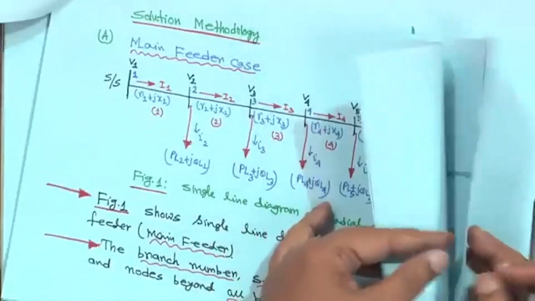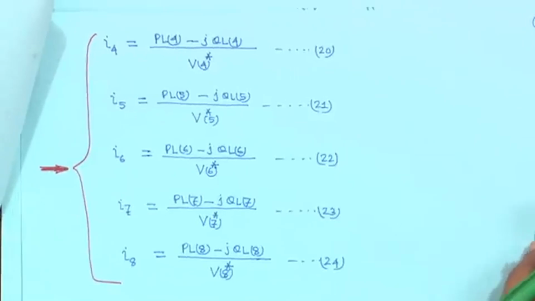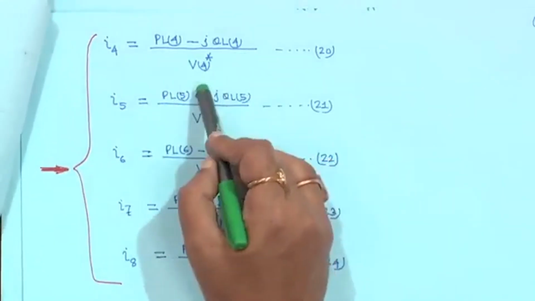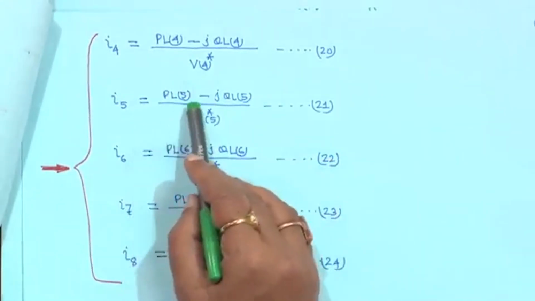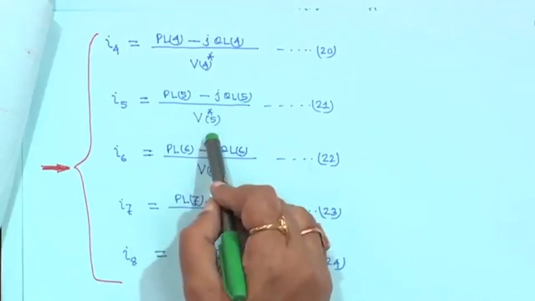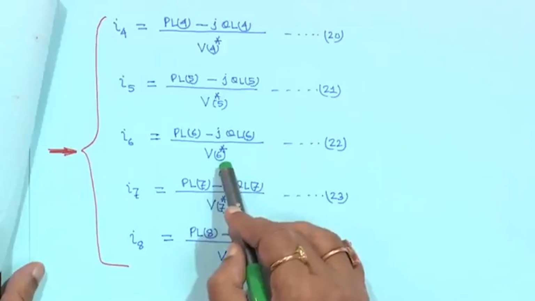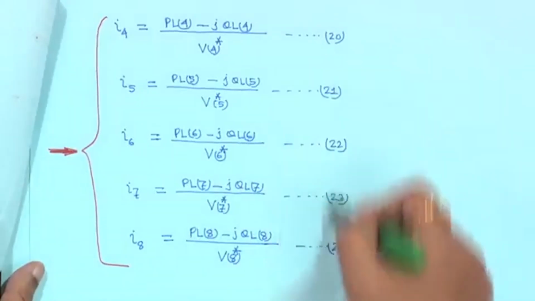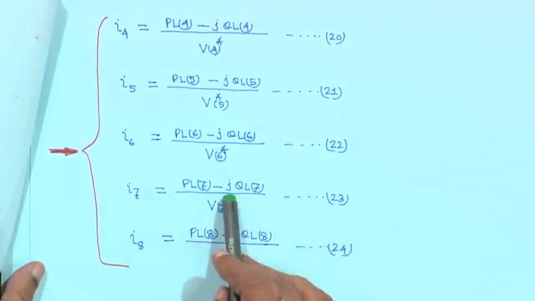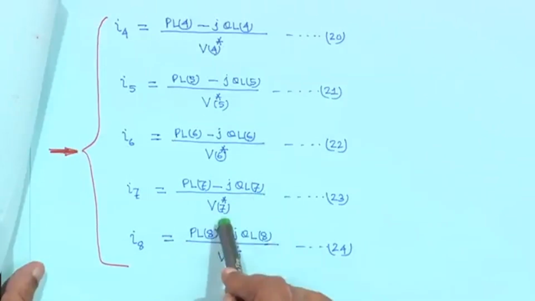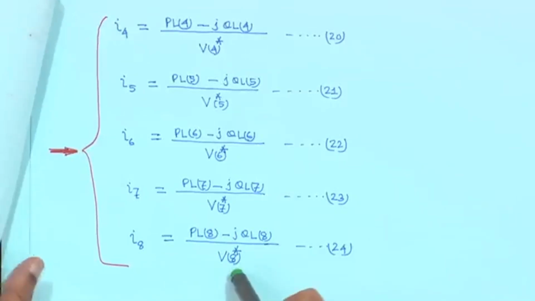That means I4 is equal to PL4 minus jQL4 upon V4 conjugate, I5 is equal to PL5 minus jQL5 upon V5 conjugate, I6 is equal to PL6 minus jQL6 upon V6 conjugate, and all equation numbers are given. I7 is equal to PL7 minus jQL7 upon V7 conjugate, and I8 is equal to PL8 minus jQL8 upon V8 conjugate.